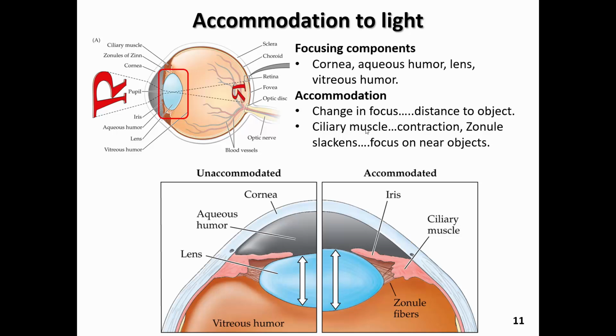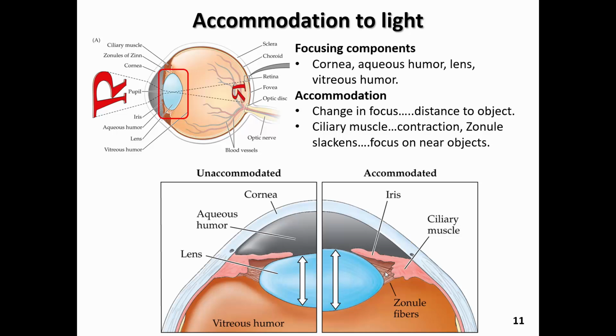The ciliary muscle has the ability to contract, and that's what's pictured here on the bottom part of the slide. The ciliary muscle will contract, and in doing so, it will relax the zonule fibers. These are the zonules of Zinn that form a link between the ciliary muscle and the lens.